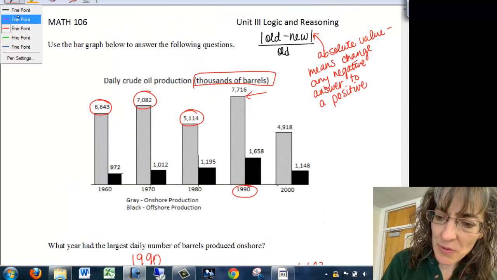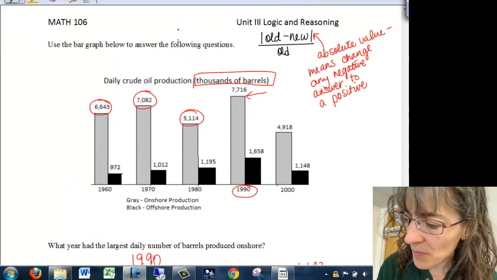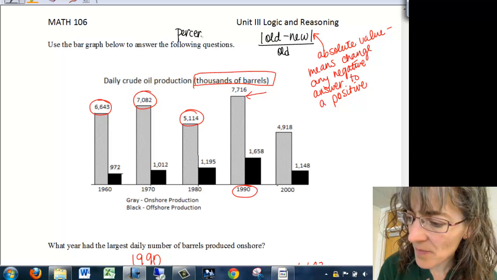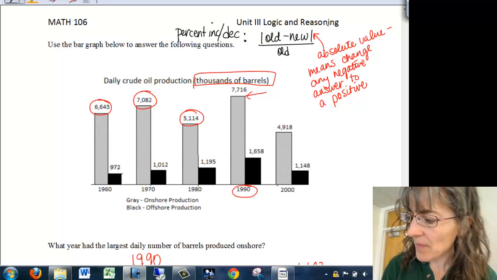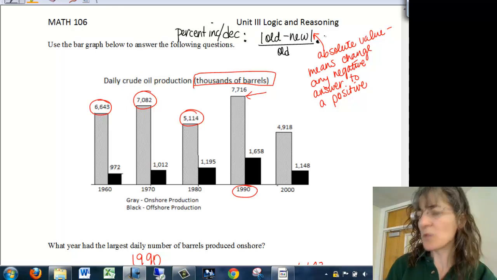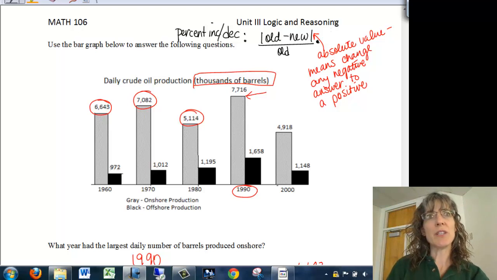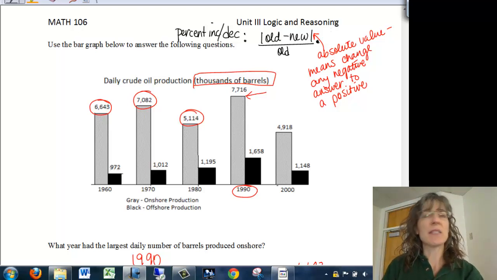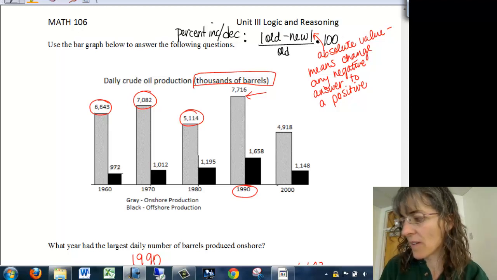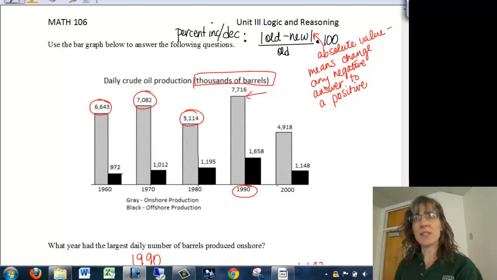Formula, let me put that up here for you. The last thing you want to do is multiply by what to convert it into a percent, because it comes out as a decimal. By 100. Good. That will convert it into a percent for you.